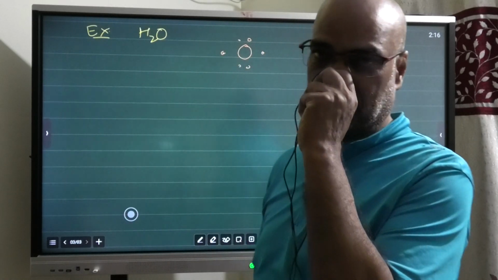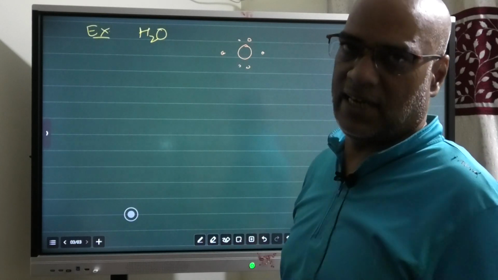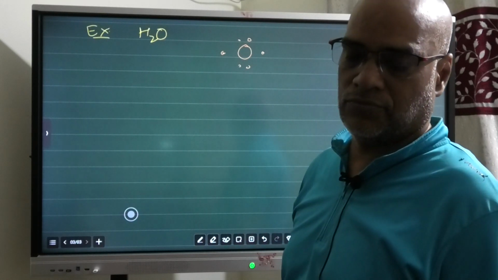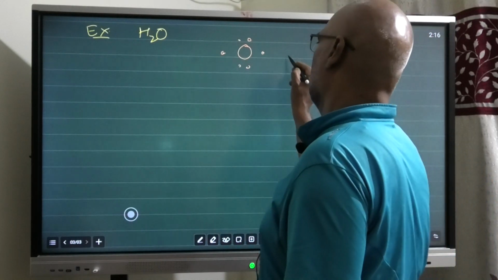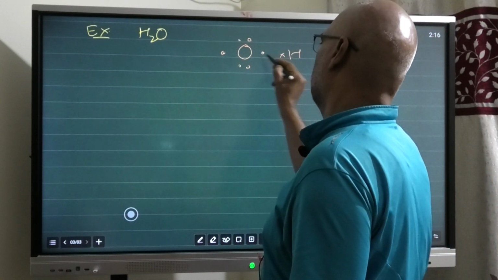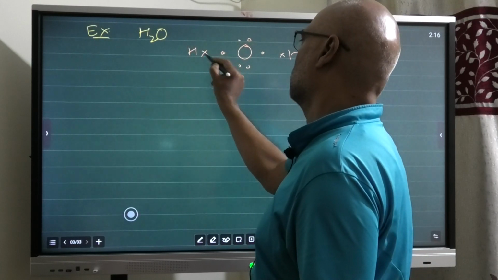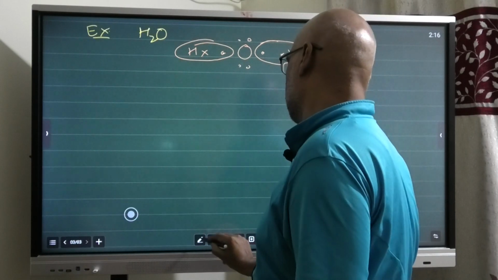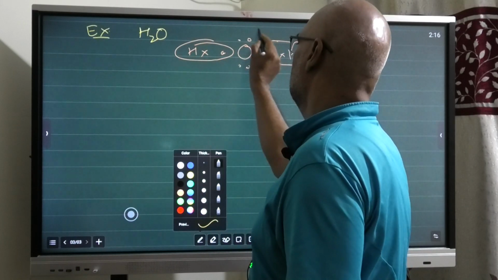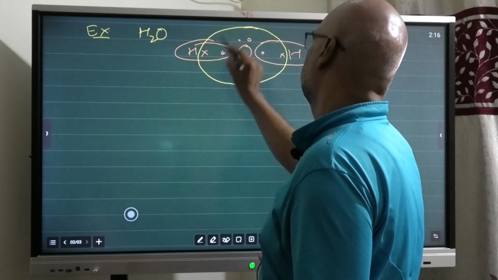Wherever I want to share, I keep only one electron, and where I don't want to share, I keep a pair. Got it? So again, hydrogen, I will make a cross here. Another hydrogen, I will make a cross here. It is a duplet thing, and we can draw the octet thing. This is octet thing. Okay.